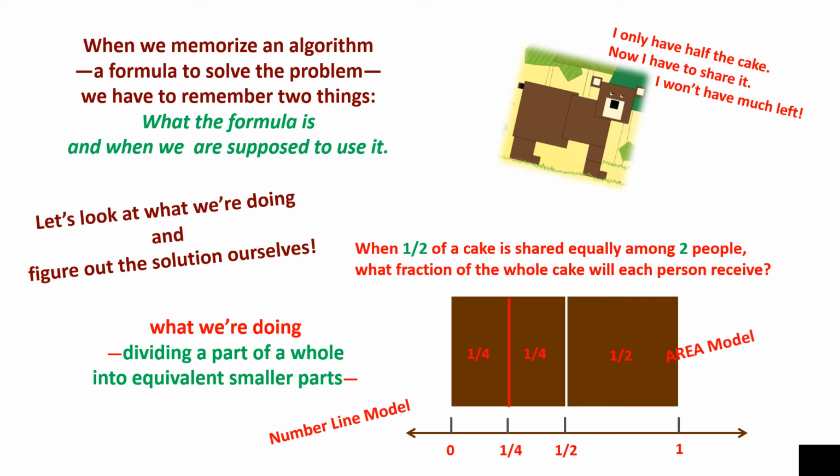Below the area model, we have a number line model. This number line model shows a unit, 1, divided into 2 equal parts, or halves, and one of those 1/2s divided by 2, divided into 2 equal parts, or 1/4.